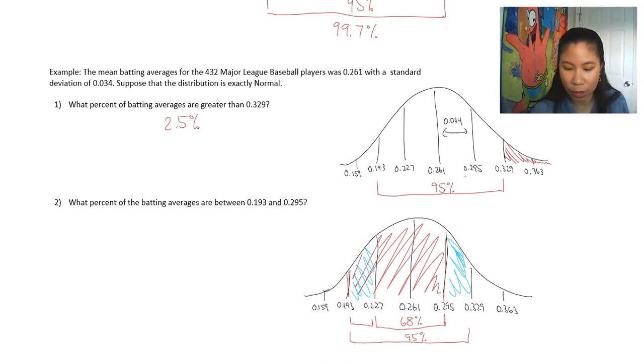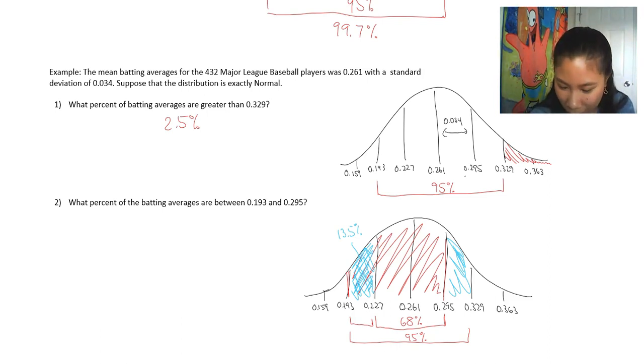If I took the 95, subtracted the 68, I believe that's 23. Nope, just kidding. 27. My math skills, so good. So 27% is what's left over. So everything in blue right now would be worth 27% of the data. But we are only looking for this left side blue. So if I split that 27% in half, then that should just give me one side. So I know this is actually going to be 13.5% then, because that's half of 27.